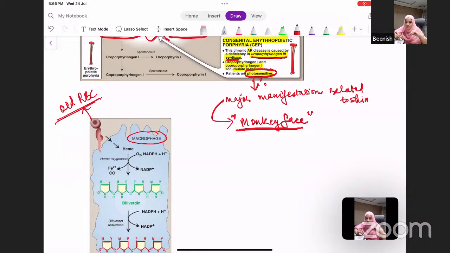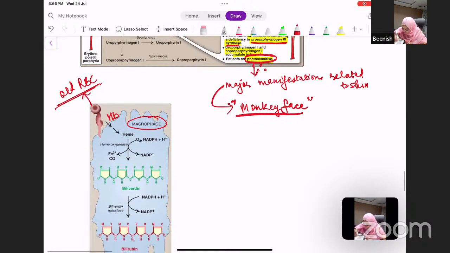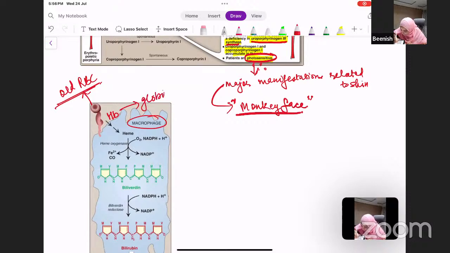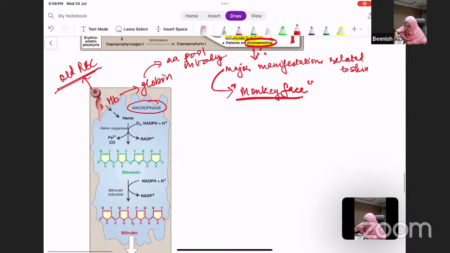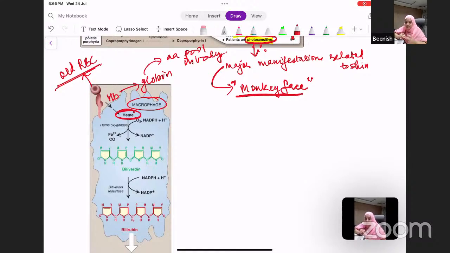Now what happens? Your RBCs have hemoglobin, so hemoglobin is liberated from the RBCs. Hemoglobin, we all know, is composed of heme and globin. So heme and globin are separated, they are split. Your globin enters the amino acid pool in the body, whereas your heme is acted upon by heme oxygenase to form biliverdin, and your iron is liberated.